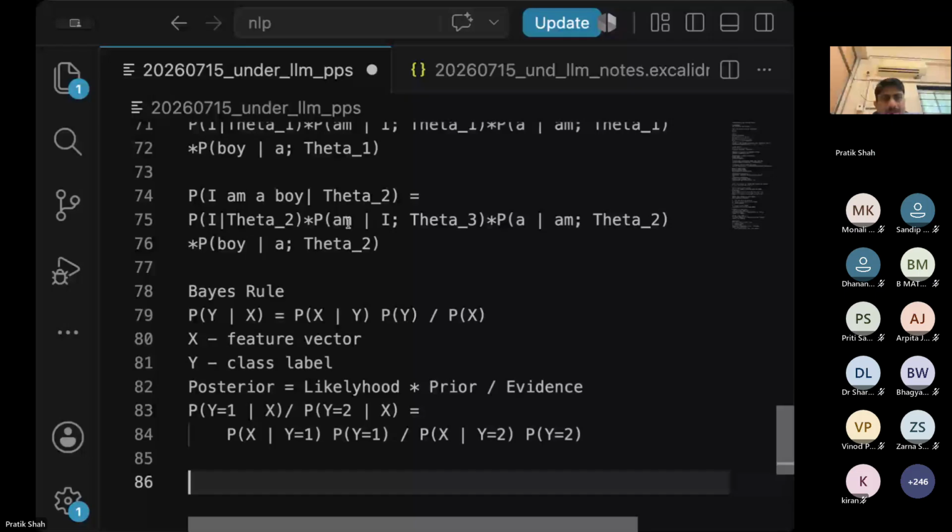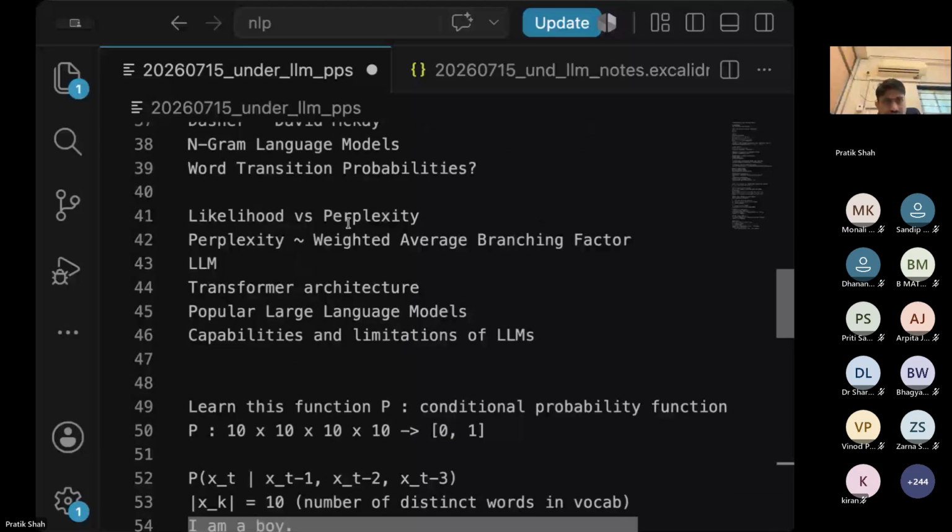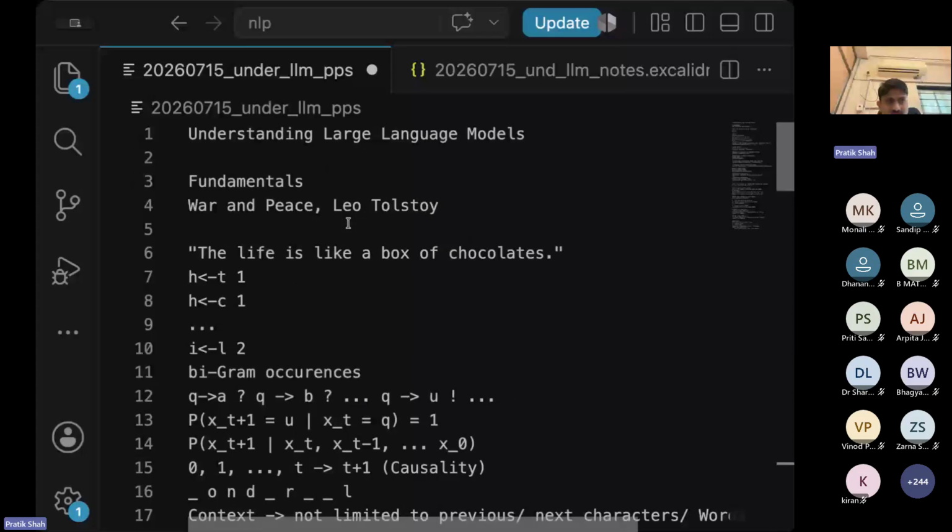Now, connected with this likelihood, there is another application: correction of wrong text. So answer is, I think, same as this.